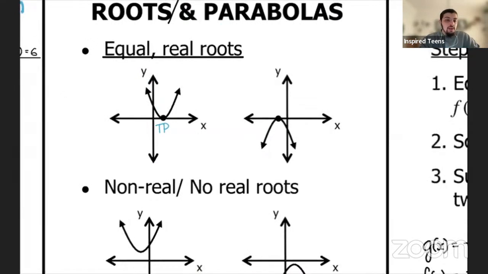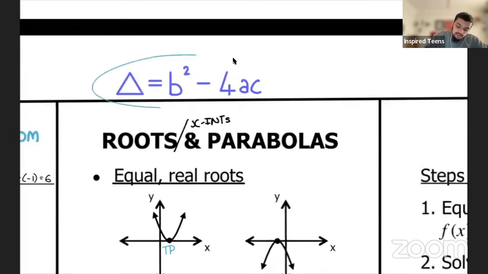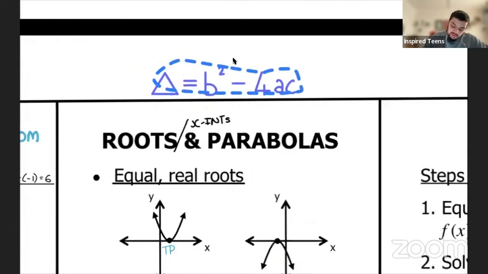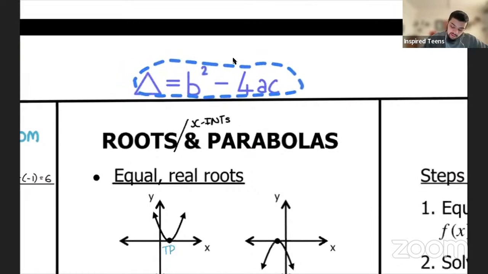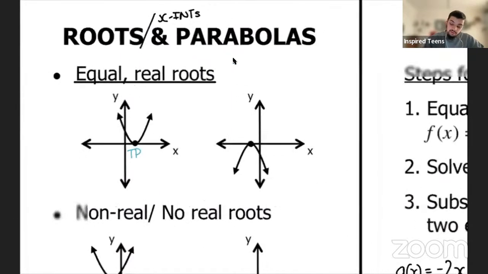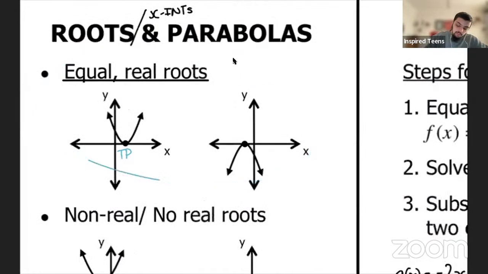And we can describe all of them in terms of the discriminant. So remember, our discriminant is delta equals b squared minus 4ac. This b squared minus 4ac is known as our discriminant, and we can have one for each instance. So for the first one, when we have equal real roots, then the discriminant, b squared minus 4ac, is equal to 0.